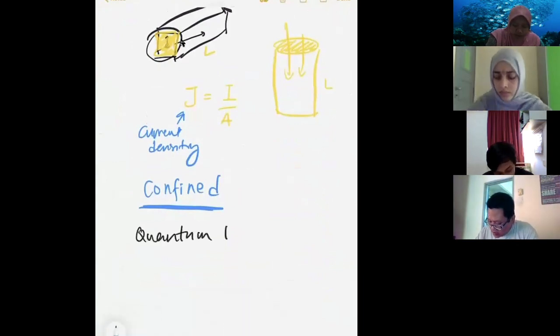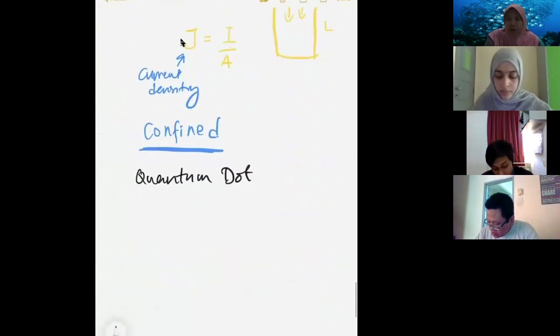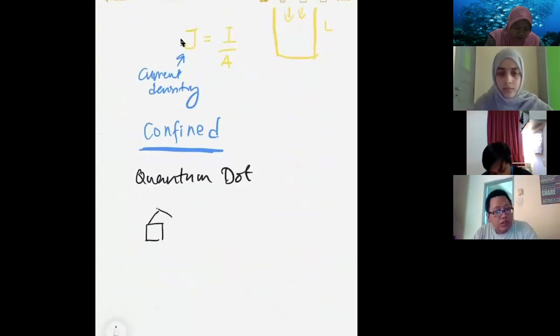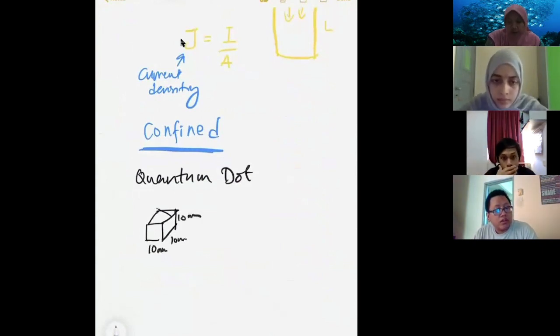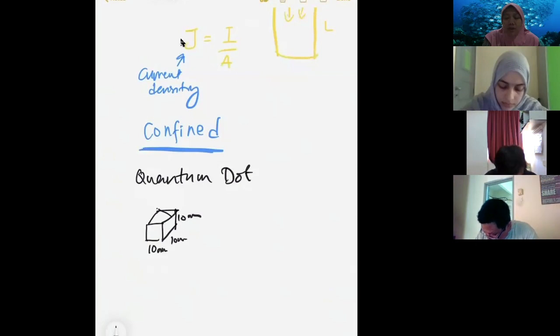Quantum dot is basically the same semiconductor but you cut it smaller. Normally it's 10 nanometer by 10 nanometer by 10 nanometer, something like that, or smaller. When the semiconductor is very small, the electron cannot move.